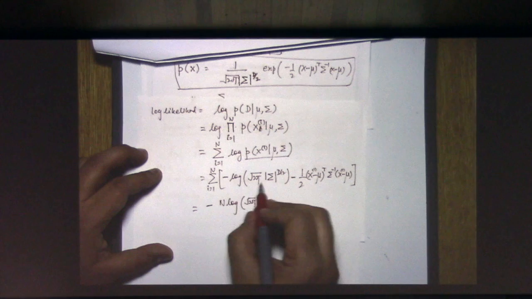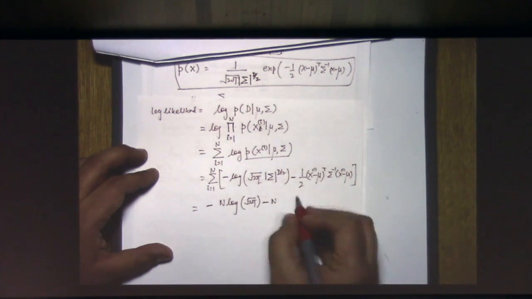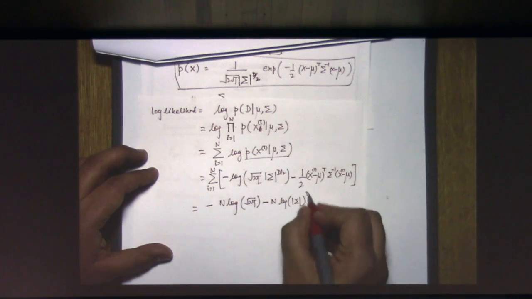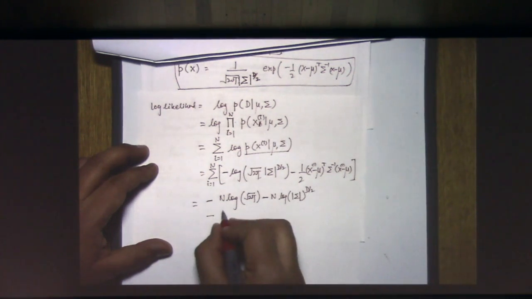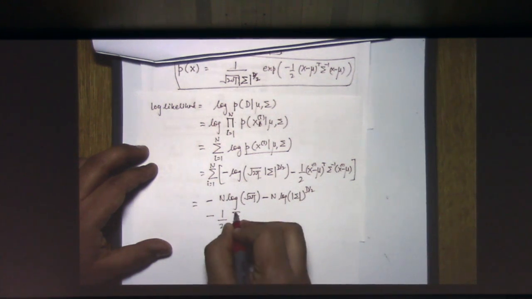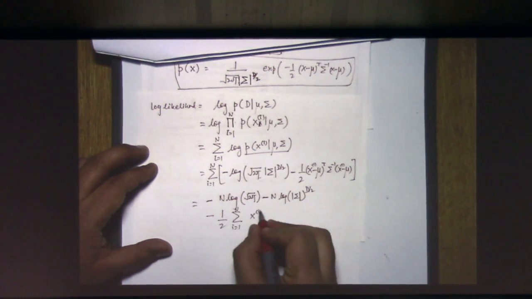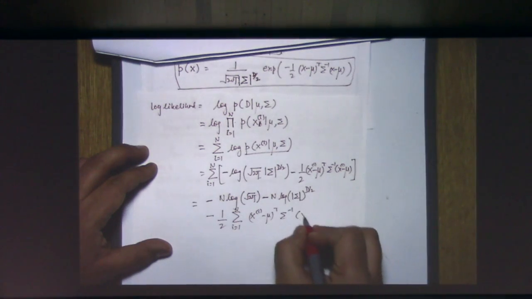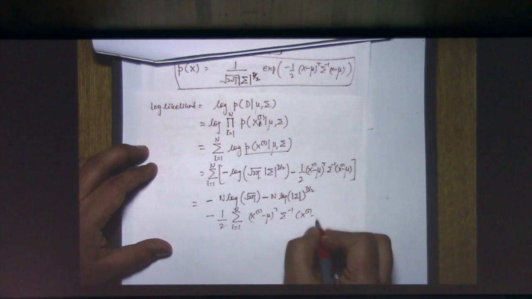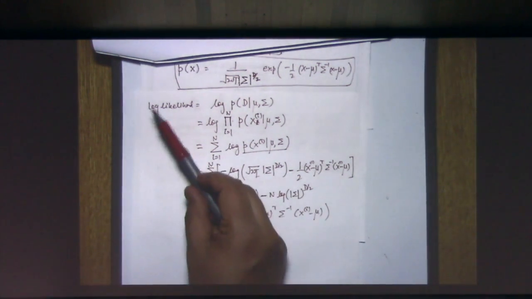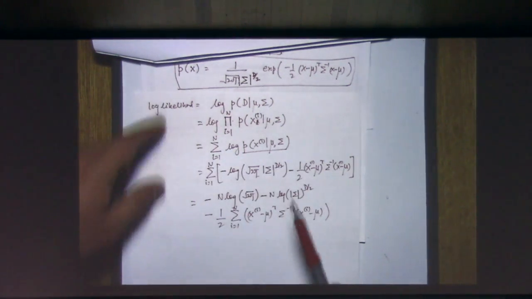I'm going to break this as well, minus n log of determinant raised to d by 2, minus half summation i equal to 1 through n, x of i minus mu transpose, minus mu.